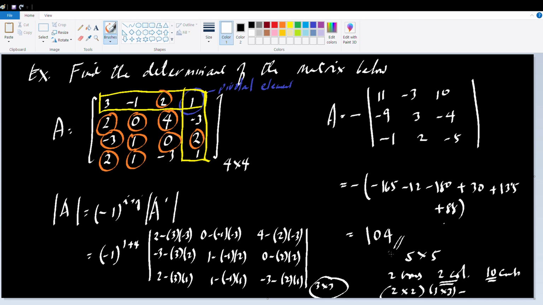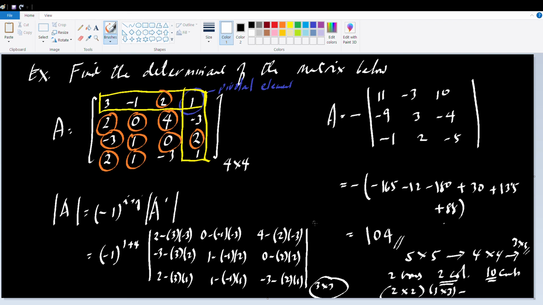Whereas for the pivotal element method, if it is a 5 by 5, it reduces to one 4 by 4, which we can further reduce to just one 3 by 3.